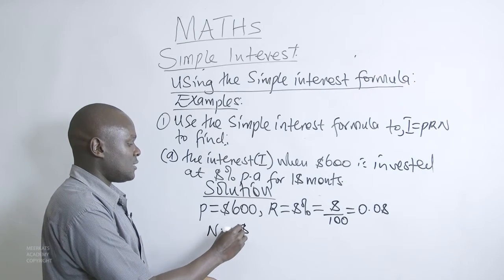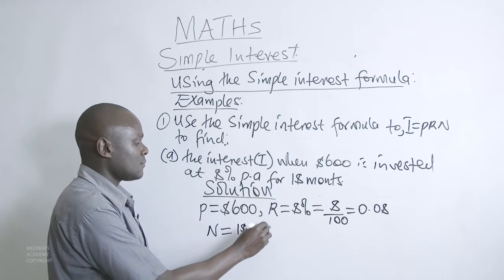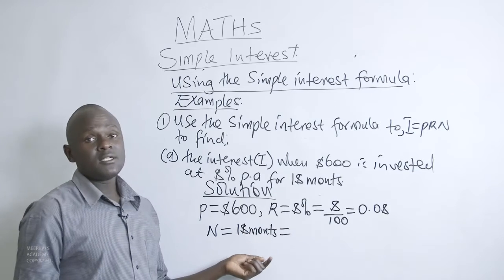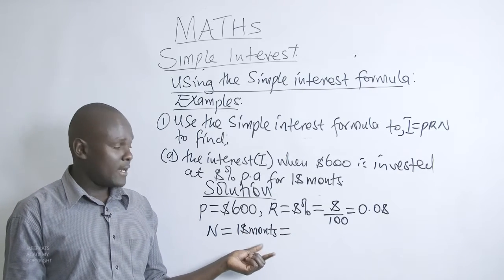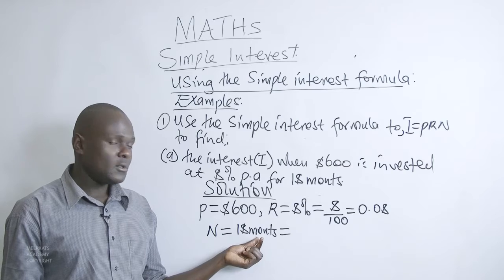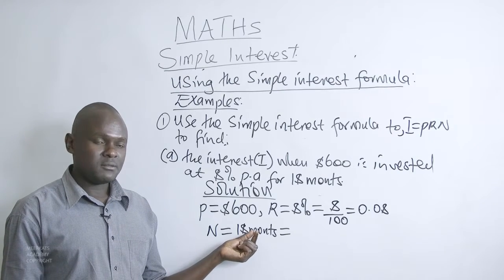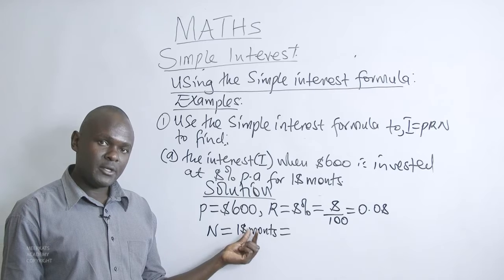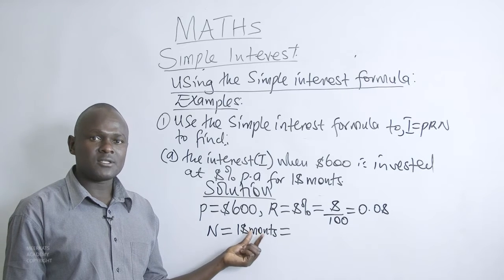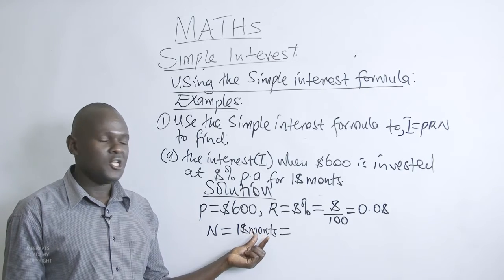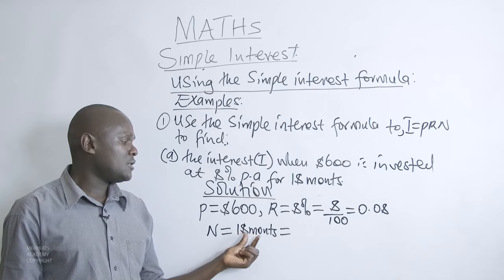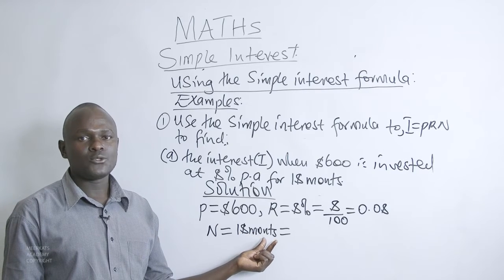This is 18 months. We agreed that before we use it in the simple interest formula, we must make sure that our period is expressed in years. So 18 months, how many years is that?